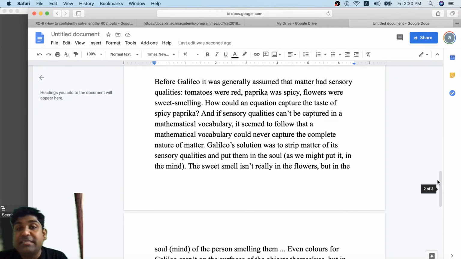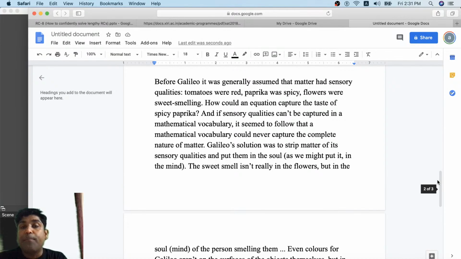If sensory qualities are in matter, it seemed to follow that a mathematical vocabulary could never capture the complete nature of it. So before Galileo, people thought that these sensory qualities cannot be captured by mathematics.